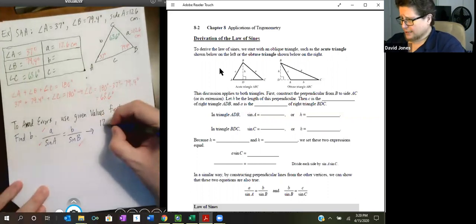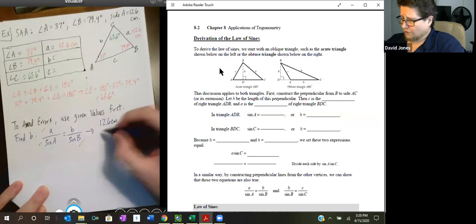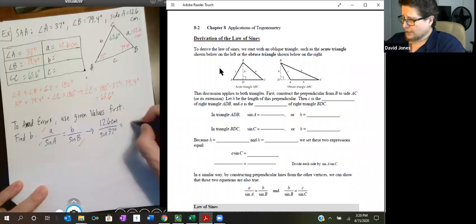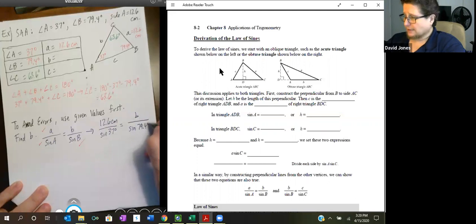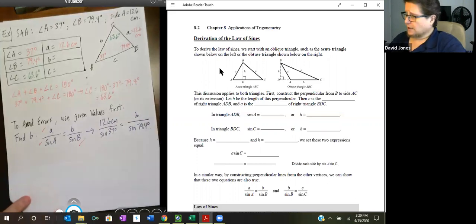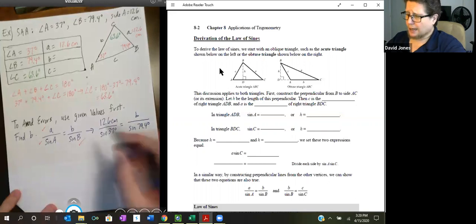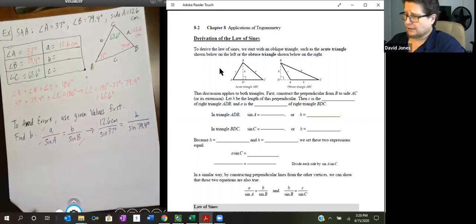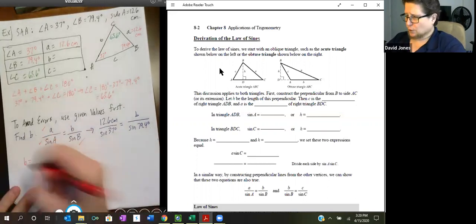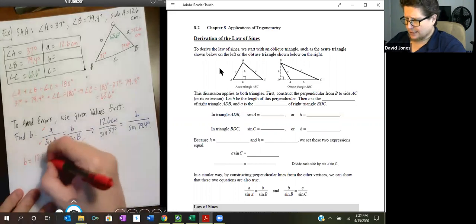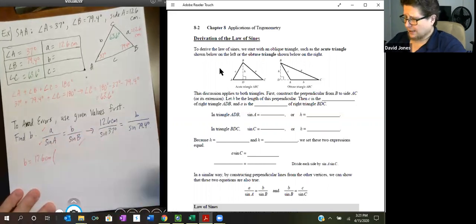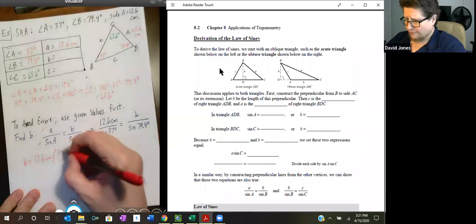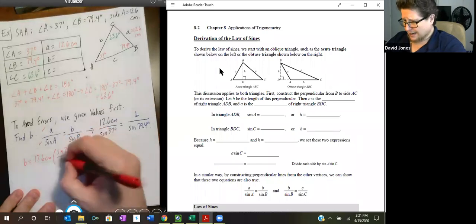I've got 12.6 centimeters over sine of 37 degrees equals B over sine of 79.4 degrees. So if I solve for B, I multiply both sides by sine of 79.4. B has to equal 12.6 centimeters times sine of 79.4 divided by sine of 37.